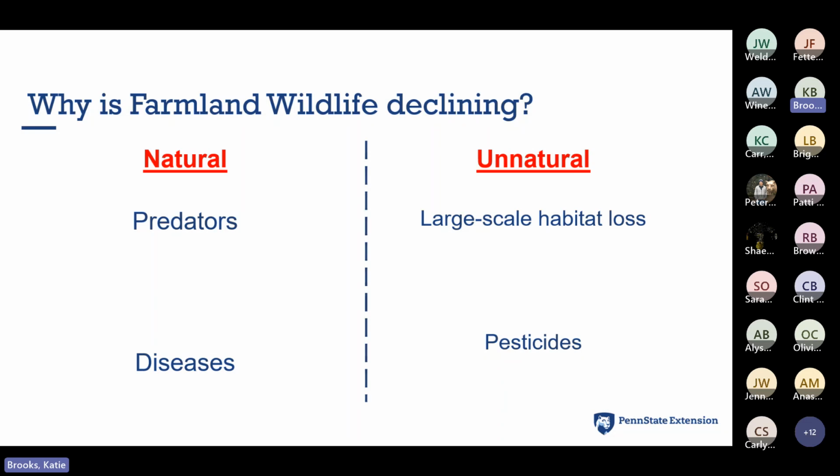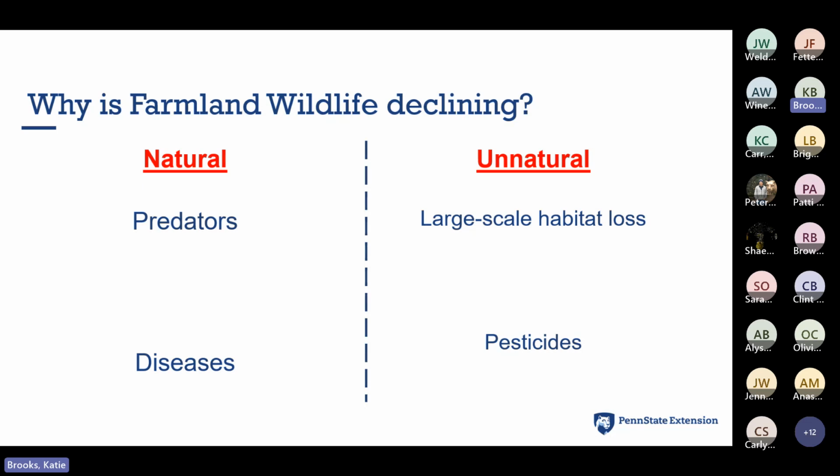When we talk about unnatural occurrences, this is the large-scale habitat loss and use of pesticides. A great example for pesticides, I'm sure everyone's heard about bald eagles. They declined in the 1960s from the use of DDT. They were poisoned when they ate contaminated fish, and it didn't actually kill the eagles, but it affected their ability to reproduce.